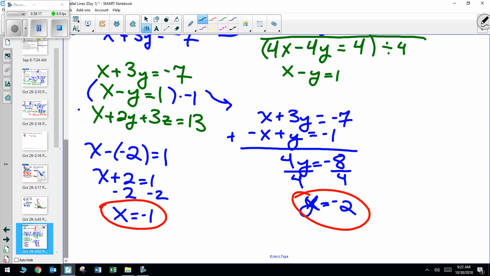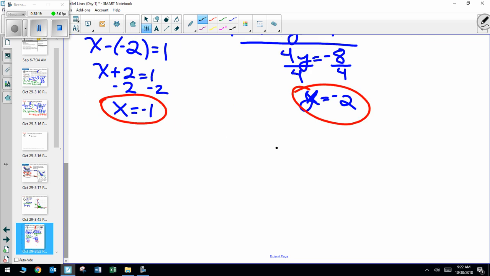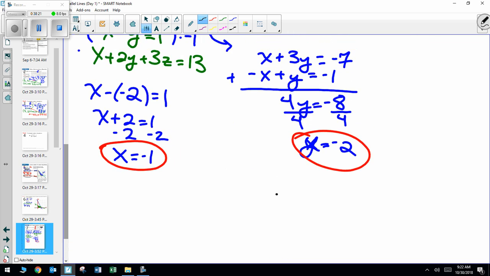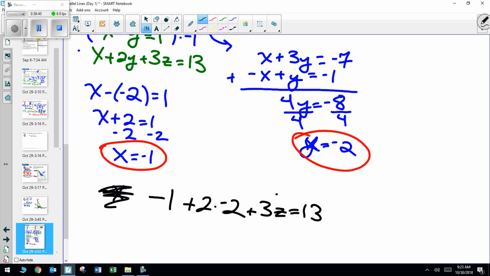When I do that, it's going to become -1 plus 2 times -2 plus 3z equals 13.